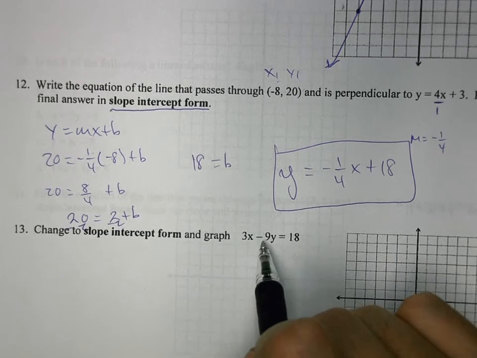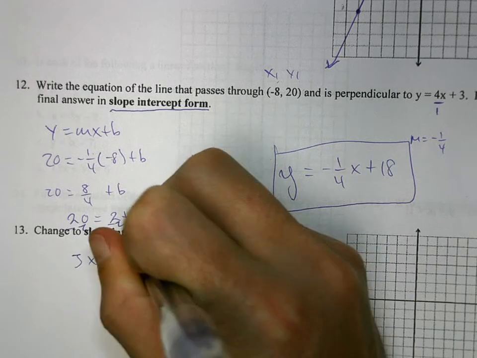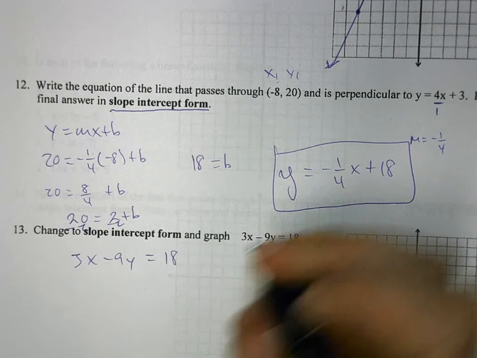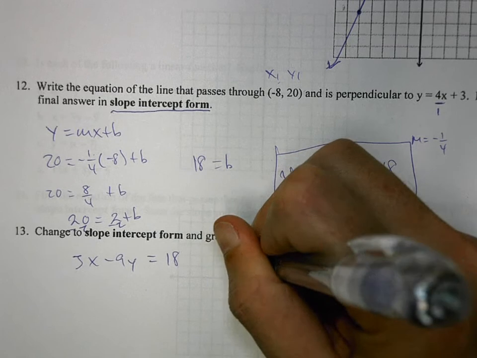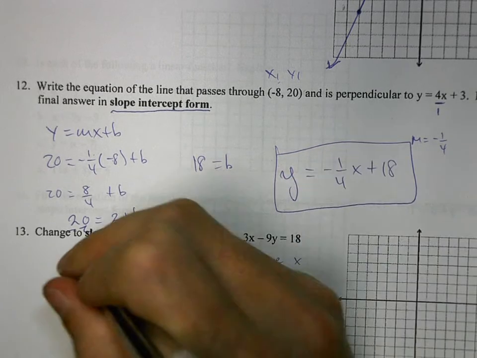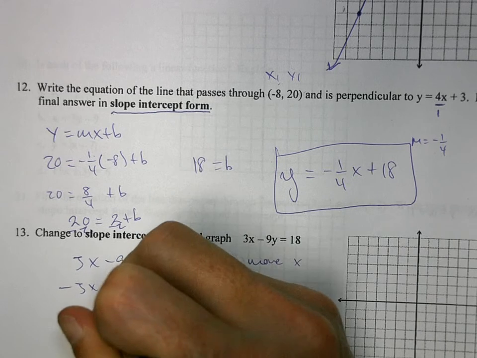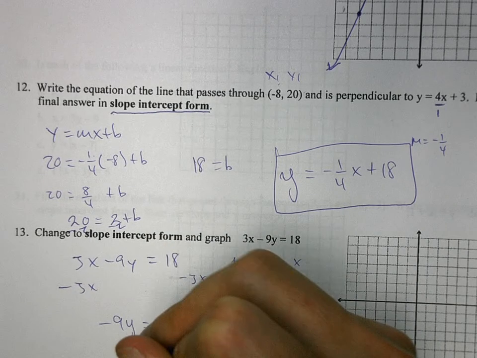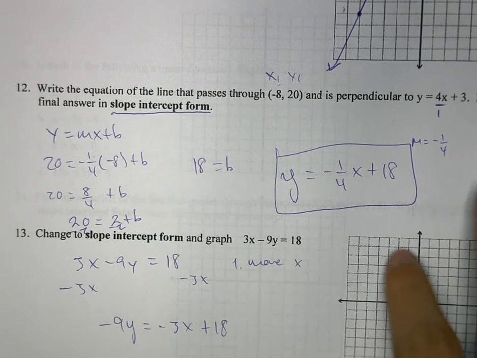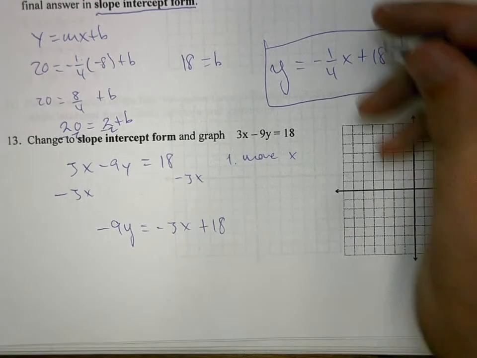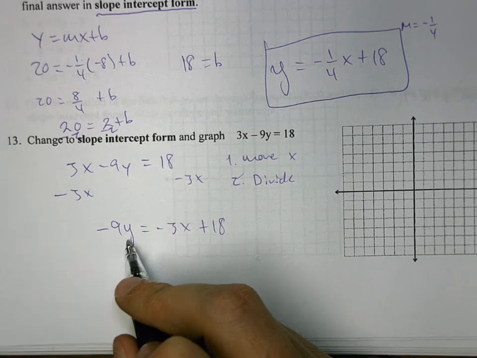Change this to slope-intercept form. To do that, first step, move x. Get it out of the way, subtract 3x from both sides. Negative 9y equals negative 3x plus 18. And the last step is to divide everything by what's attached to y.